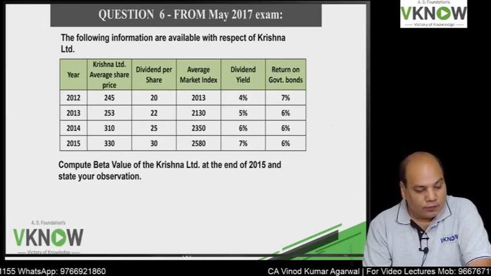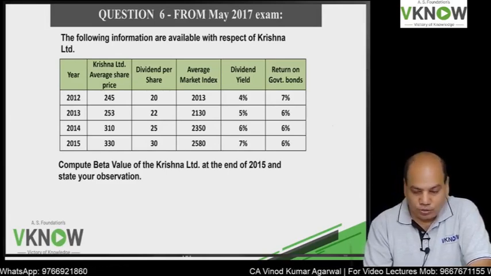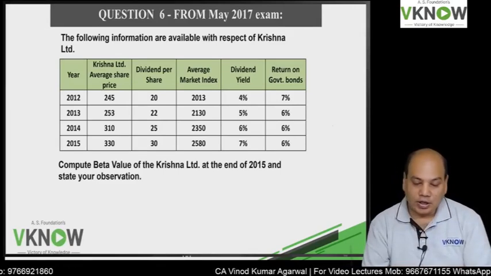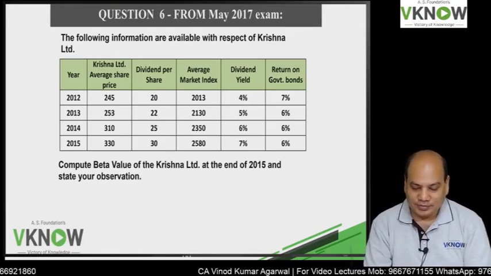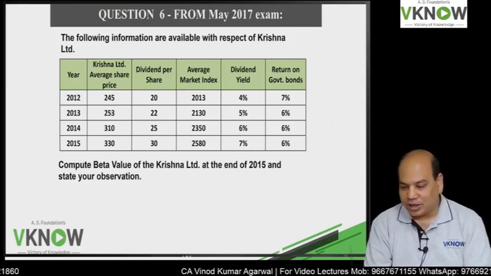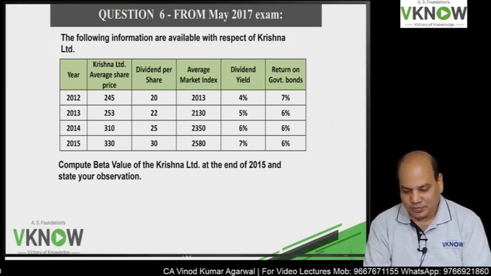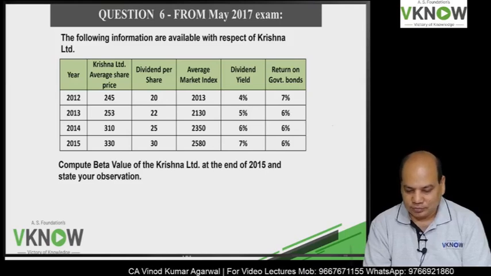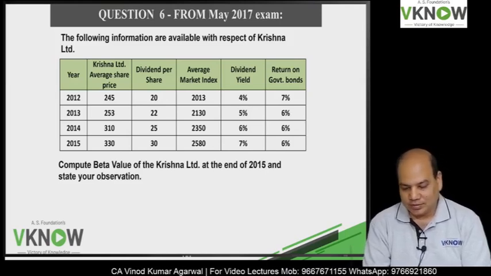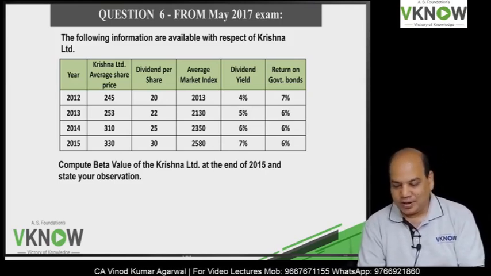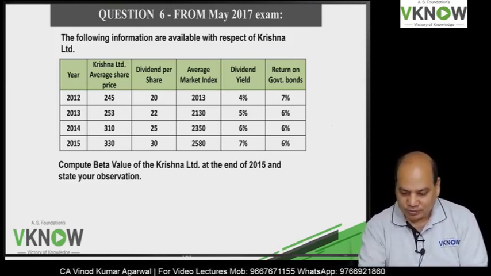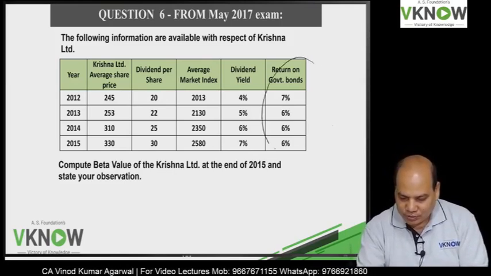The following information is available with respect to Krishna Limited. Jai Krishna. Year. Krishna Limited average share price. Dividend per share. Average market index. Dividend yield. Return on government bond. So these are your risk-free return.